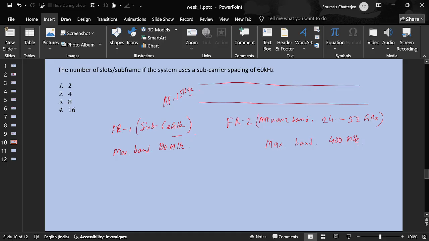Coverage. So you are saying that if you have a lower frequency, your propagation loss is going to be less, so you can cover more distance. Is that what you are referring to? Yes. Okay. So for FR2, your coverage area should be lower.